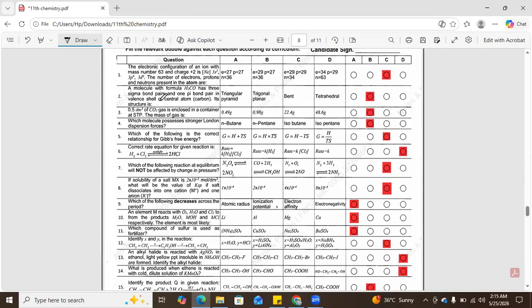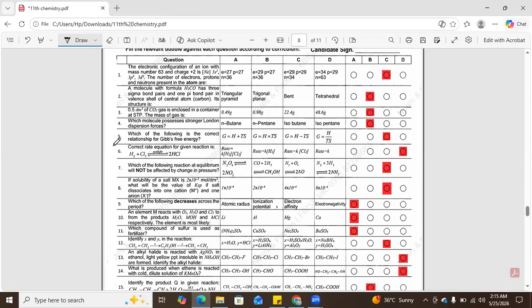A molecule with formula H2CO has 3 sigma bond pairs and 1 pi bond pair in valence shell of central atom carbon. Its structure is trigonal planar.